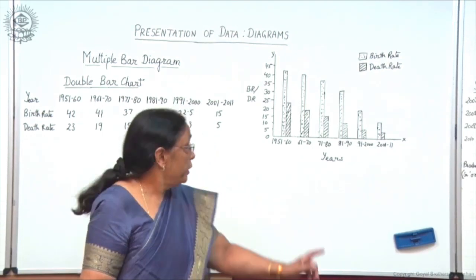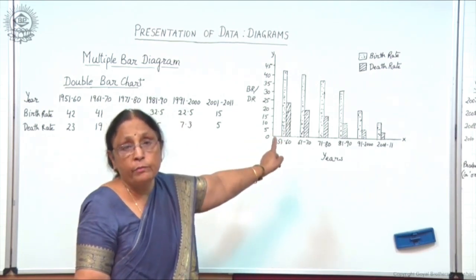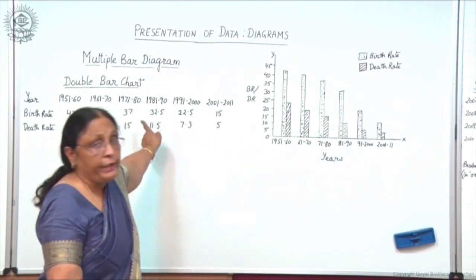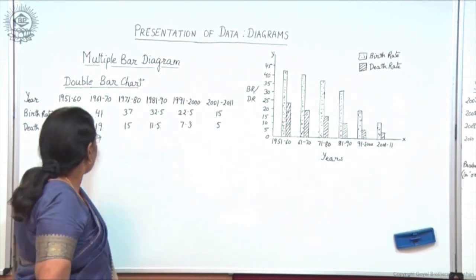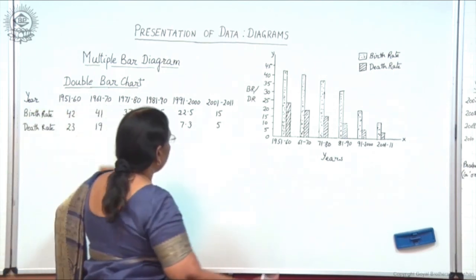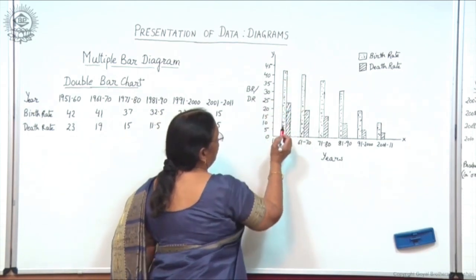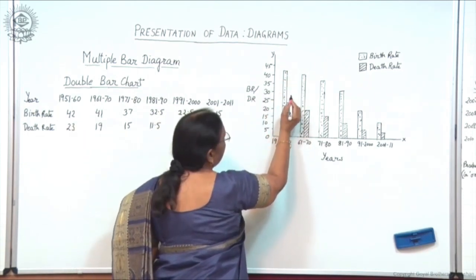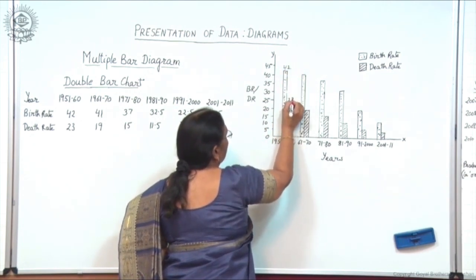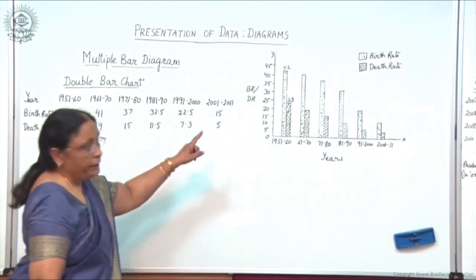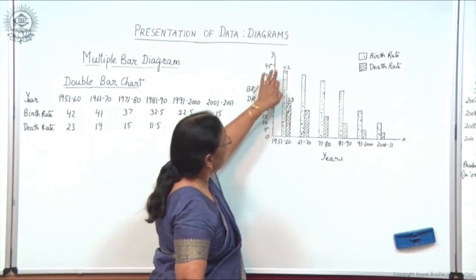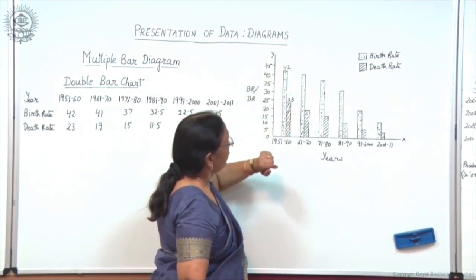So children, you have to draw two adjacent bars, and the length of the bar again depends upon the given data here. As one example, I have taken 1951 to 60, the birth rate was 42 and the death rate was 23. So this was 42 and this was 23. This one bar with dots shows birth rate and the other shows death rate.